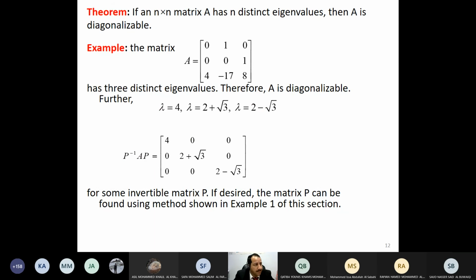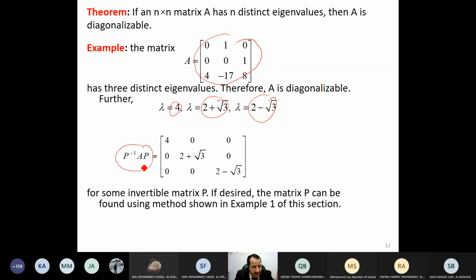One more problem here. We are given this matrix A. We solve it. We got 3 lambda values. This is 1, this is 2, this is 3. Okay, then it is diagonalizable.